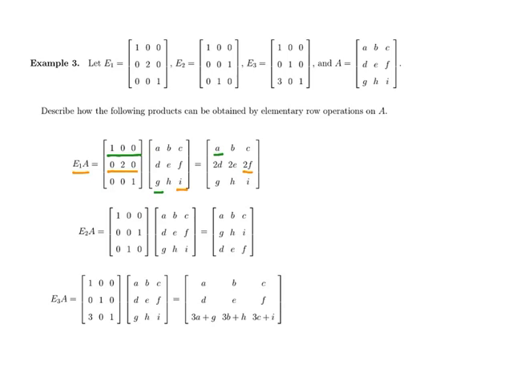And when we do that 9 times, we get the matrix A, B, C, 2D, 2E, 2F, G, H, I, which corresponds to, if I go from A to E1A, 2 times row 2 into row 2, which is the same row operation that we found to get from I to E1.